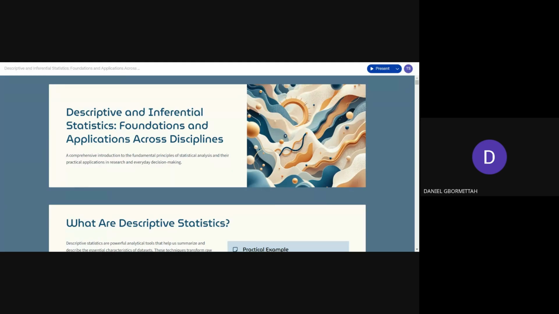Okay, so the inferential and then the descriptive statistics, I think you have said it all. So basically, that is what descriptive statistics stand for, and that of the inferential statistics. Descriptive statistics, we said that they are powerful analytical tools that help us summarize and describe the essential characteristics of data sets.